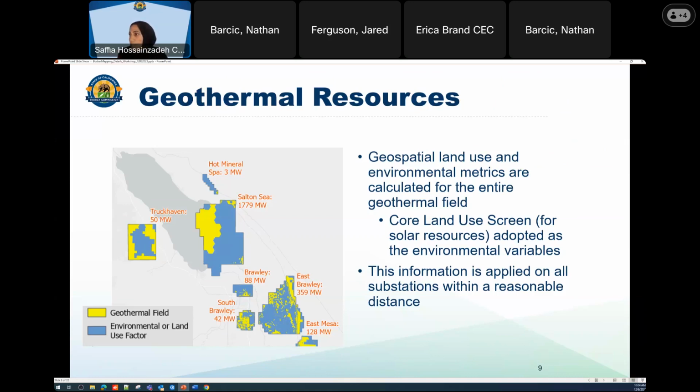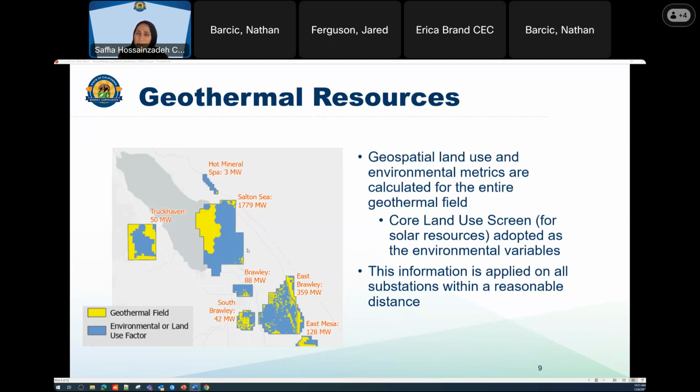And the land use and environmental evaluation from within the geothermal fields helps to inform on the substations nearby to see if they can support an adequate amount of capacity. And in the busbar mapping dashboard results, like Jared mentioned, this might be the actual total capacity from this region, especially here in Imperial County.